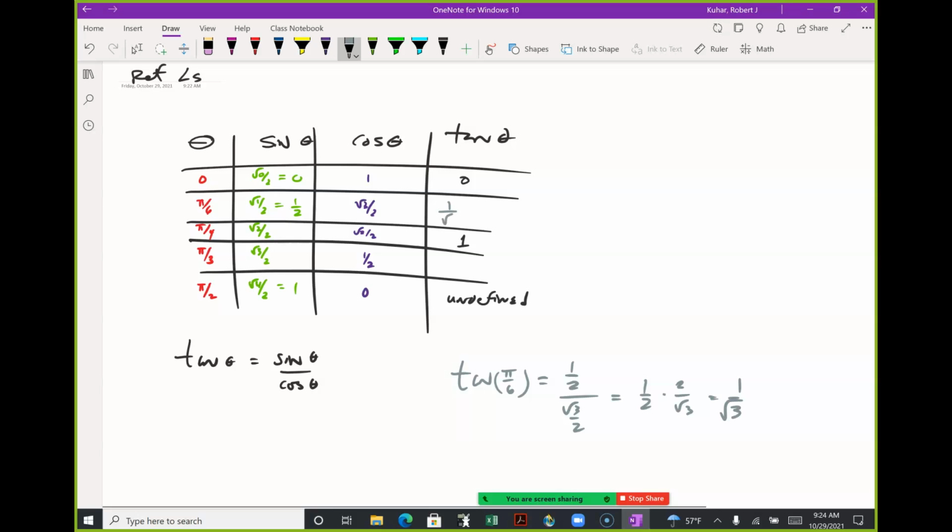But we will also want to rationalize it. We rationalize by multiplying by 1, always in the form of that irrational number in the denominator over itself. So I get rad 3 over rad 9, which is rad 3 over 3.